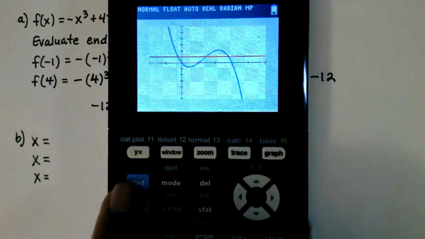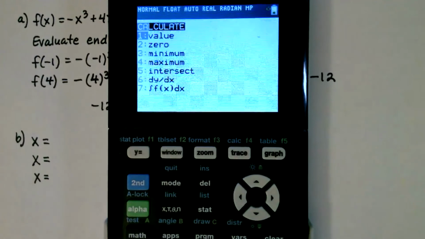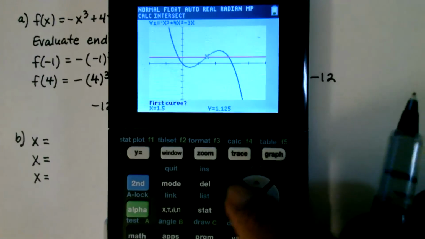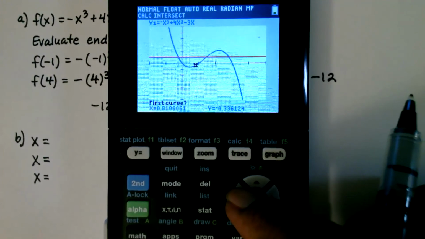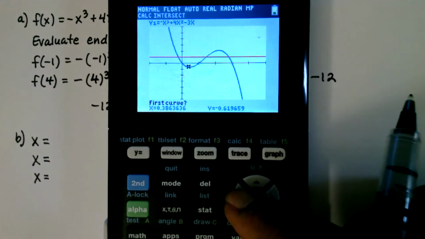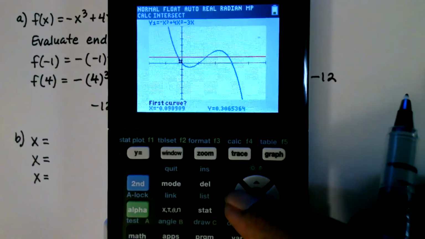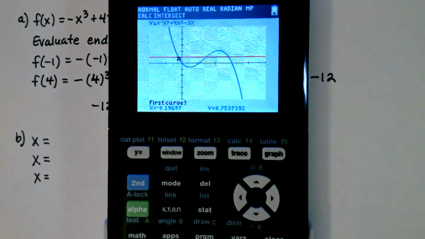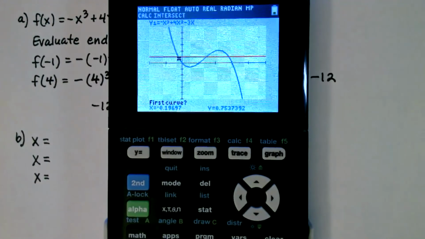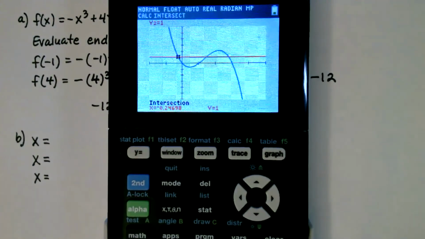To do that, I'm going to do second and trace and select number 5 for intersect. Now where the blinking cursor is, I'm going to use my left arrow key to put the cursor on top of that point of intersection, or as close as I can. And then I'm going to hit enter 1, 2, 3 times.